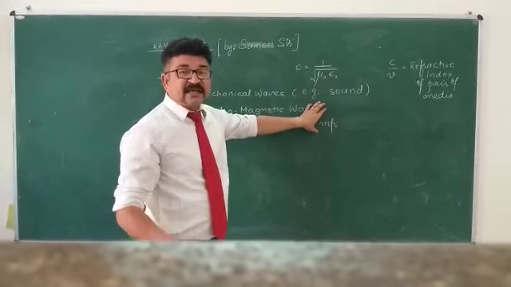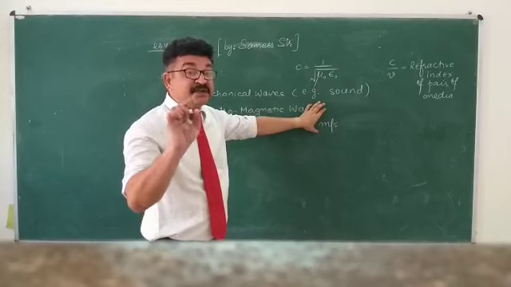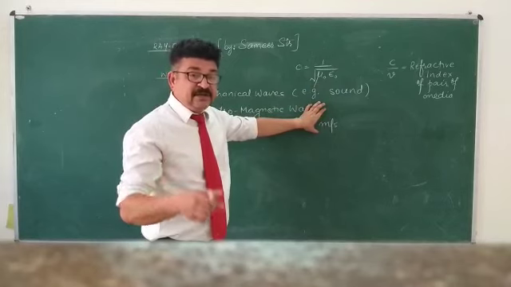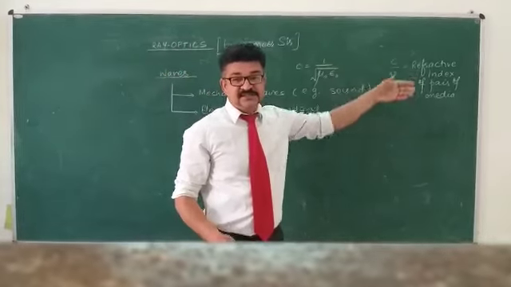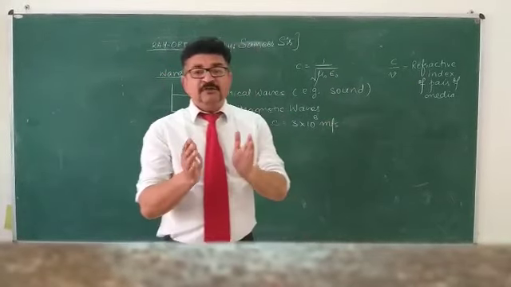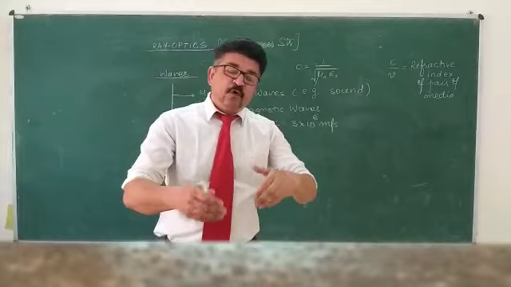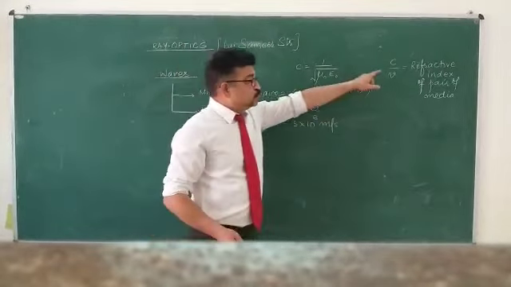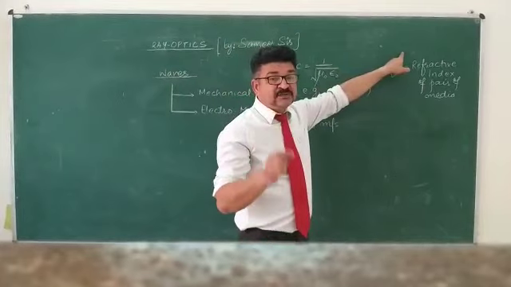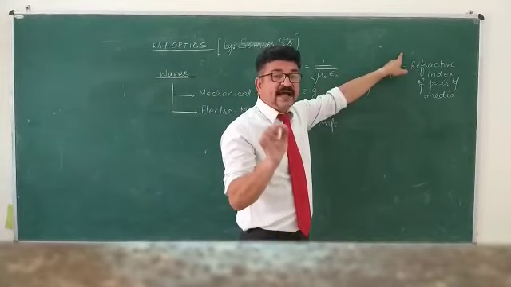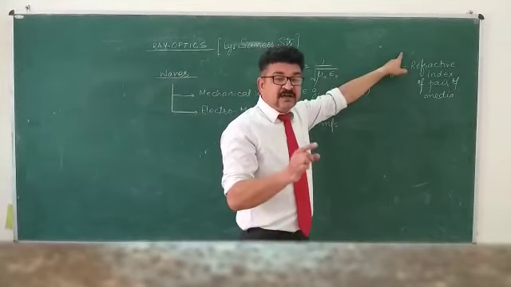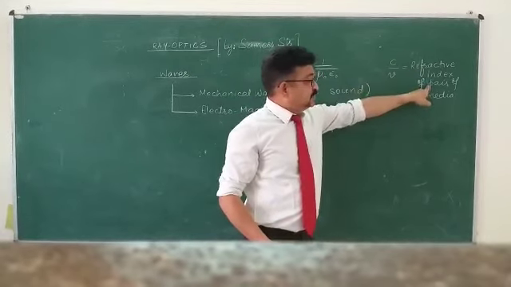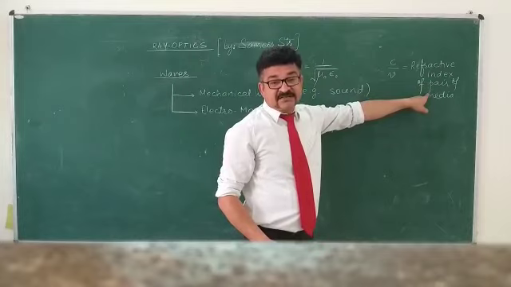These waves can travel in different media. When they travel in different media, the speed changes. By what factor does the speed change? By what factor does the wavelength change? You know that. To measure that factor, by what factor the speed gets changed when an electromagnetic wave moves from one medium to another, the quantity is called the refractive index of the pair.